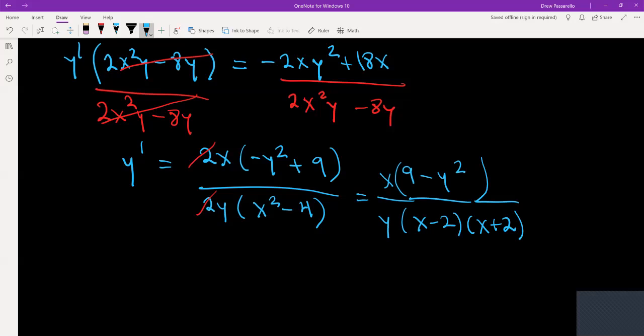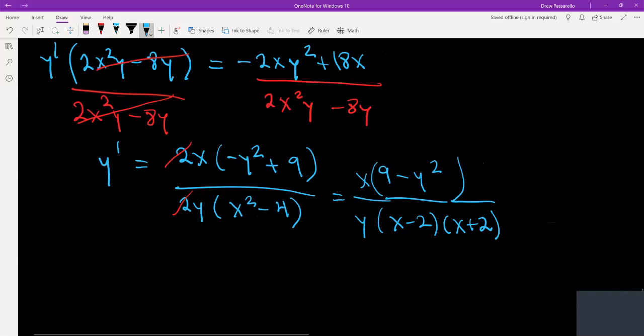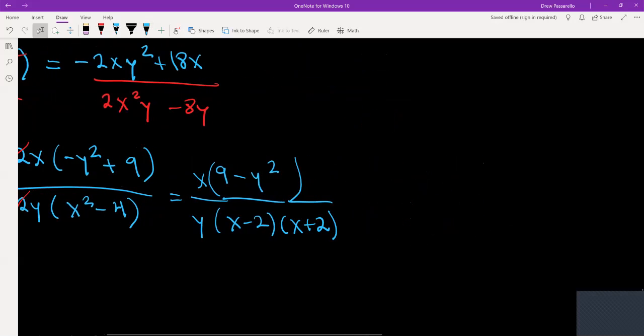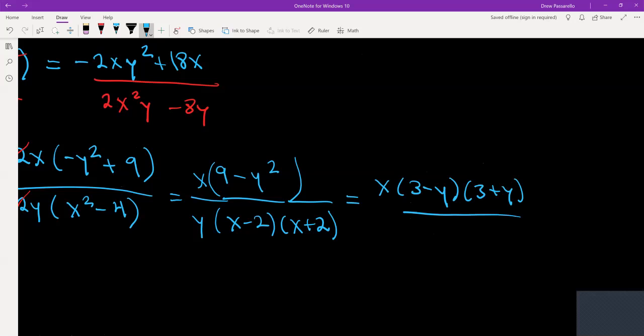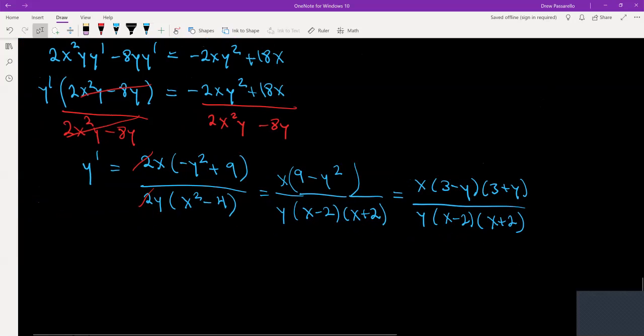9 minus y squared is also a difference of squares. So it'll factor into 3 minus y times 3 plus y. All right, and that is the factored format for that.